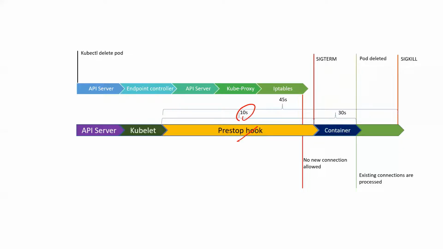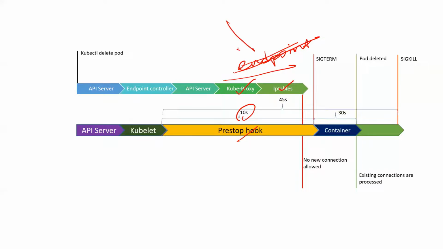Correct? So within these 10 seconds, your kube-proxy and IP tables, everything will be updated. At a high level, the endpoint has been removed from the table, correct? From the ingress or service mesh or any kind of networking section, there are no more endpoints.